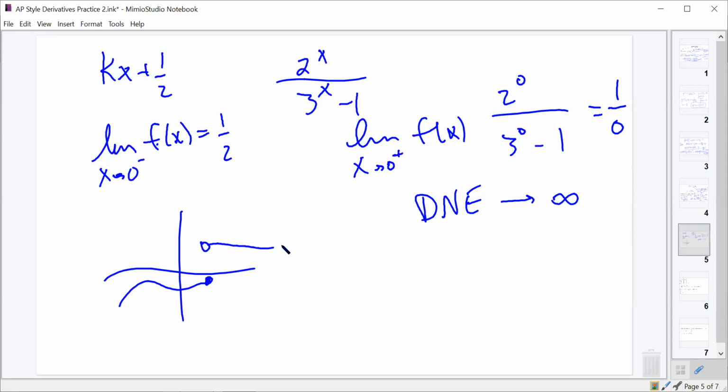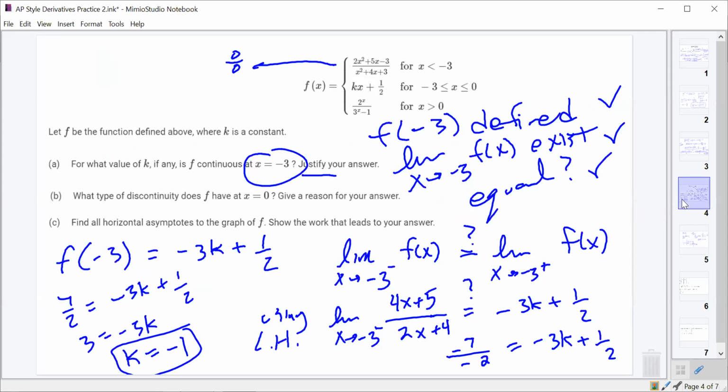Boom, and then here. But what we're looking at is something more like this, that's 0 here, but then approaching infinity there. And so we could say that's an infinite discontinuity, because we're approaching that asymptote.